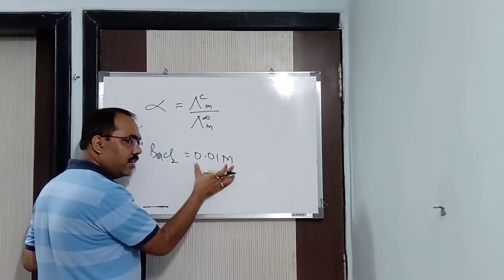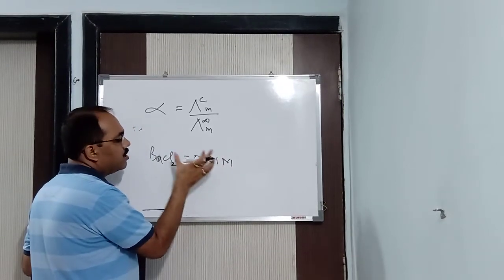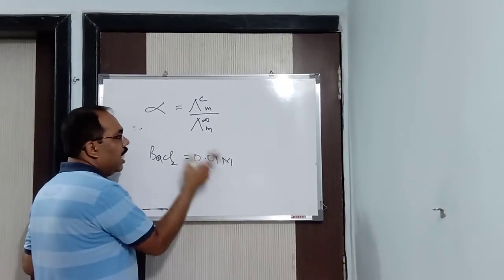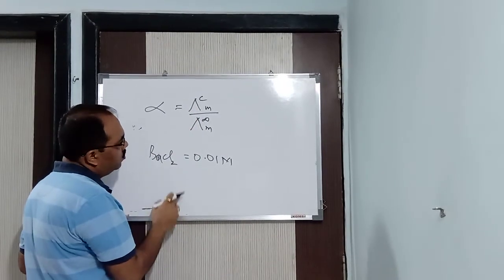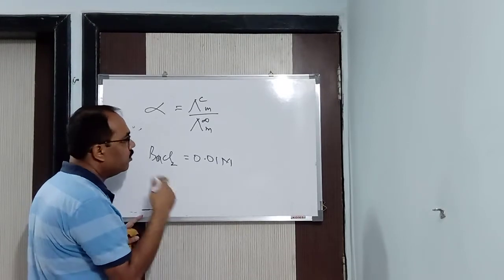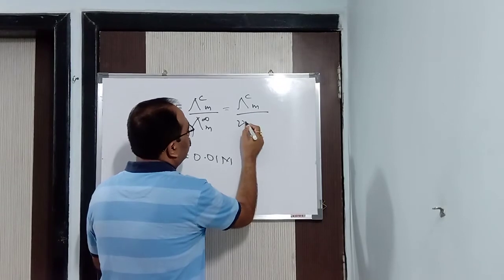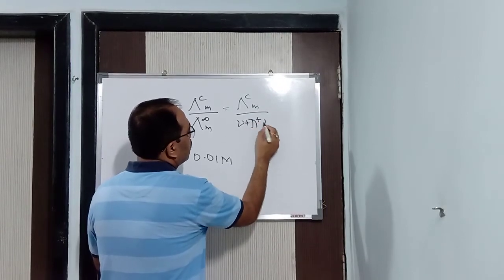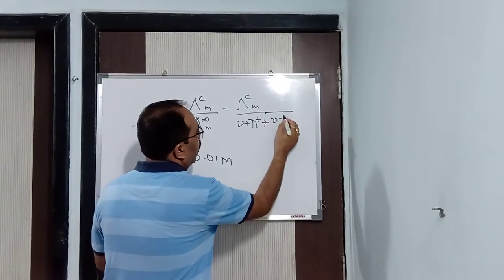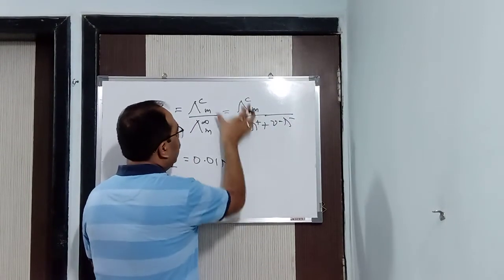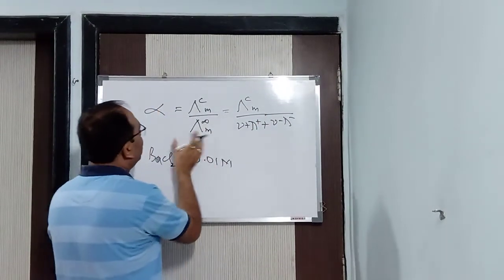So at 0.01 molar, the molar conductivity will be given to you. And molar conductivity at infinite dilution will also be given to you. You know the formula, as I just said: Λ_m^∞ = ν+λ+ + ν−λ−. Once you know all these values, you put them in and divide, and you get the degree of dissociation.